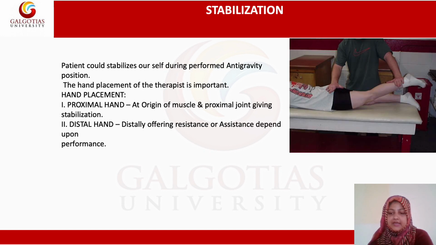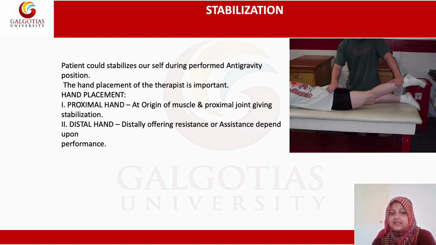Then comes stabilization. What happens in stabilization? We have to stabilize ourselves while performing anti-gravity positions. The hand placement of the therapist is important. At which part you are placing the hand, proximal or distal, will be defined. The proximal hand should be at the origin of the muscle, with the proximal joint giving the stabilization.